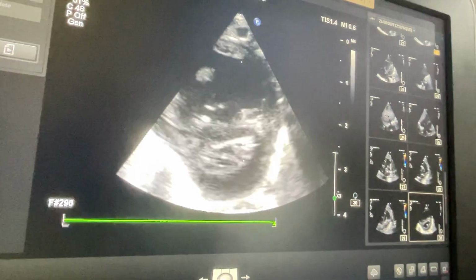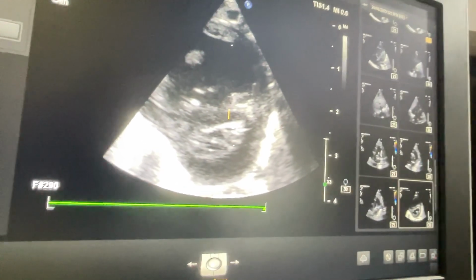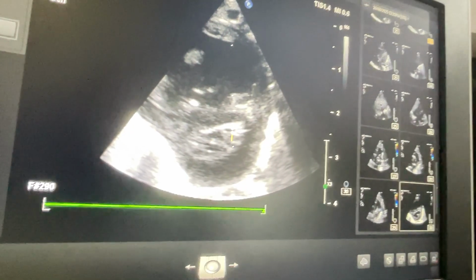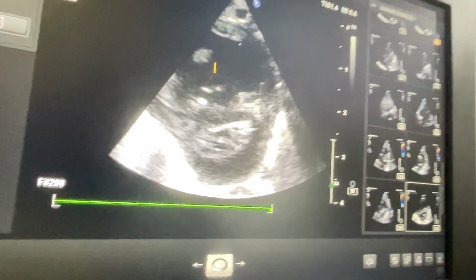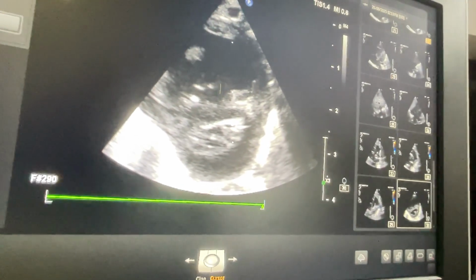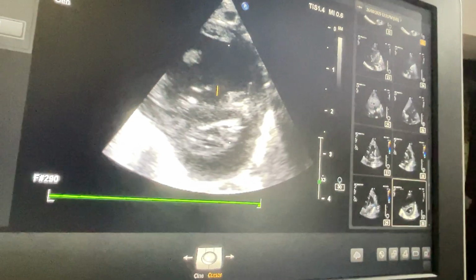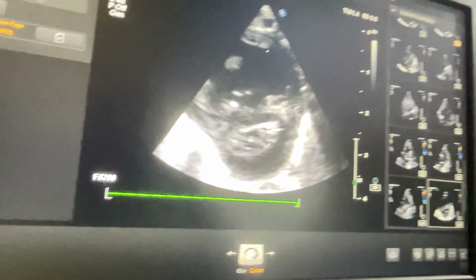You can see this portion is the right ventricle, severely dilated compared to the left ventricle, and the left ventricle is D-shaped, indicating raised right ventricular systolic pressure compressing the left ventricle, almost indicating pulmonary artery hypertension in this case.